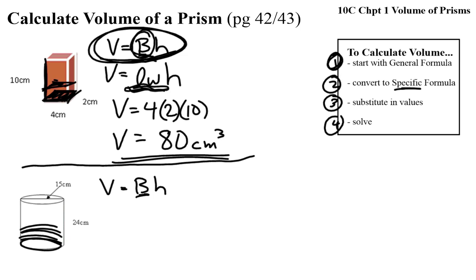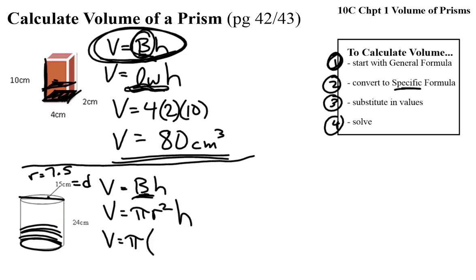So my specific formula, my base is a circle, pi r squared times the height of the cylinder. Remember, pi, we use the pi button on the calculator, not 3.14. Diameter is given because it shows all the way across, so the radius would be half of that, 7.5. So it's pi times 7.5 squared times the height, which is 24.